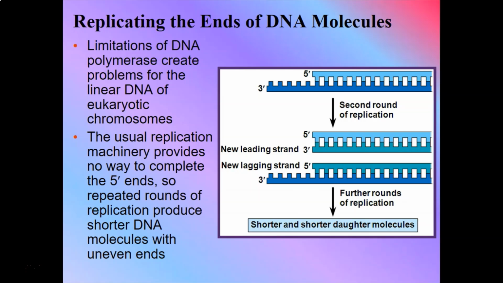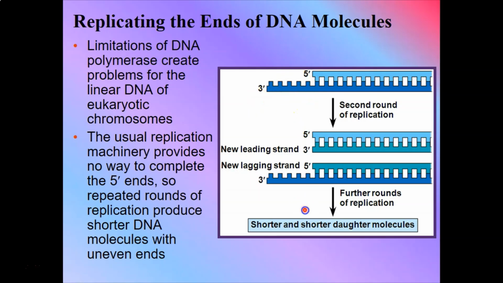We have linear chromosomes. So if you think about it, polymerase might be able to copy continuously on the leading strand, but eventually the lagging strand at the very end of the chromosome might not be able to catch up. And you might actually have a chunk of DNA that doesn't have a partner, basically.